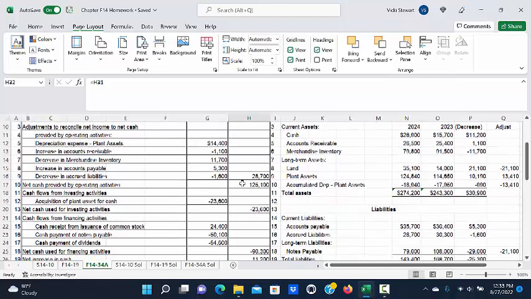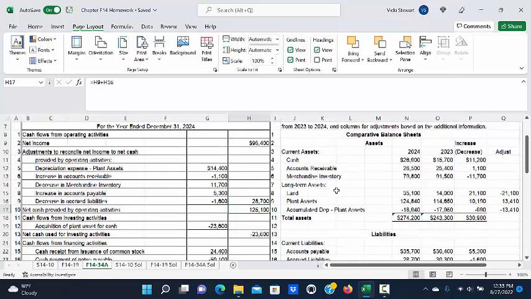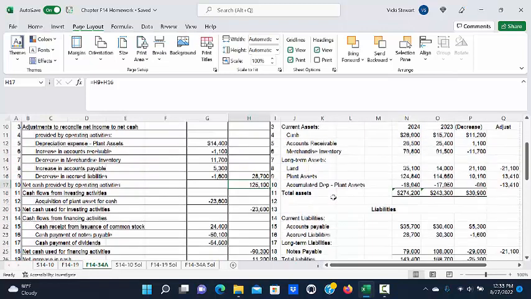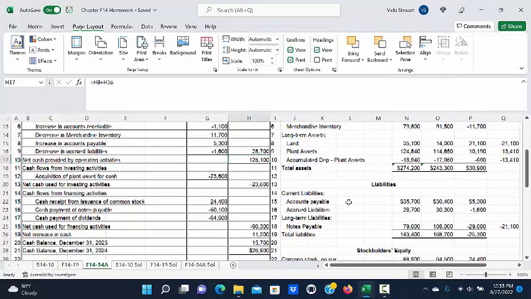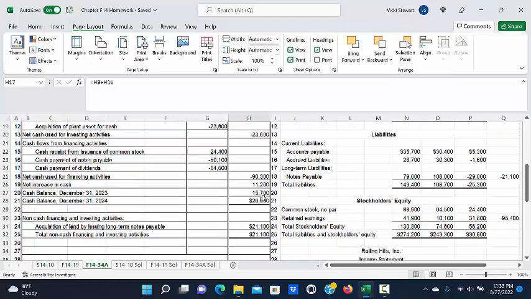So we can tell based on the information that was provided that Rolling Hills Inc., at least for this year, had positive cash provided by operating activities, and we can see what types of investing and financing activities they have been involved in. All of this information is valuable to investors as they make decisions about whether or not to purchase the stock of Rolling Hills Inc. or whether they might want to sell their stock.